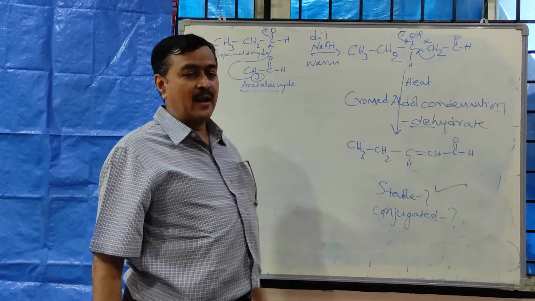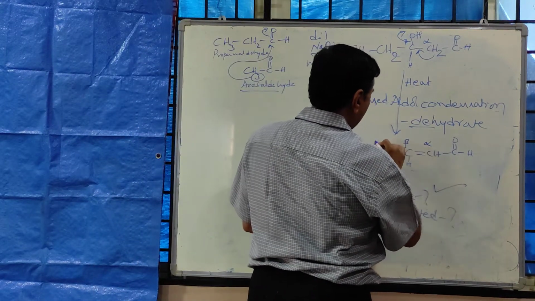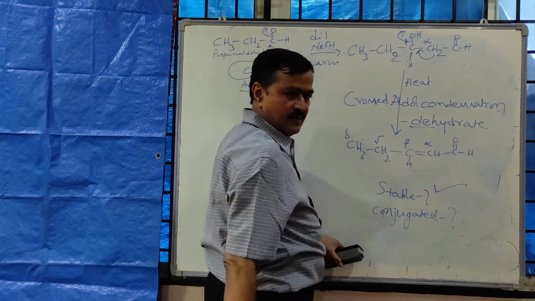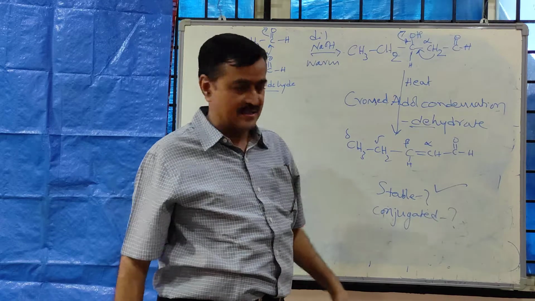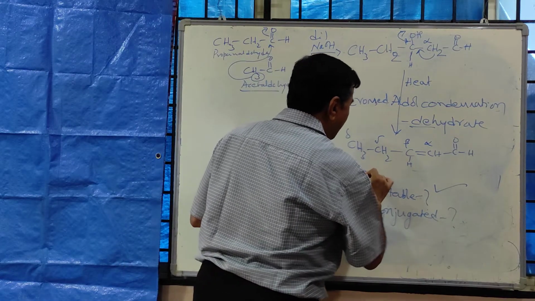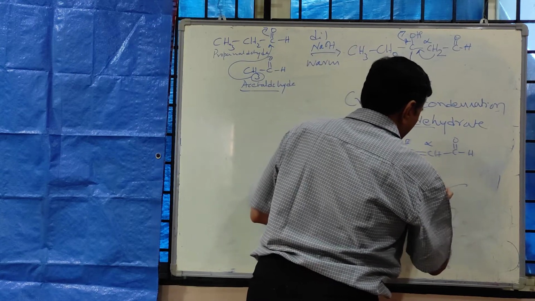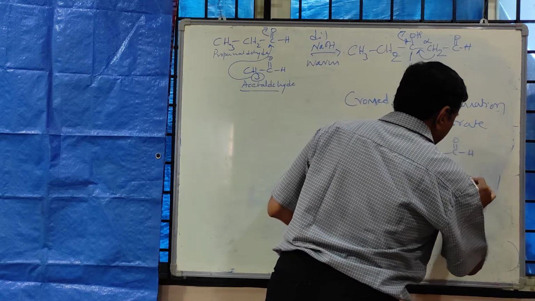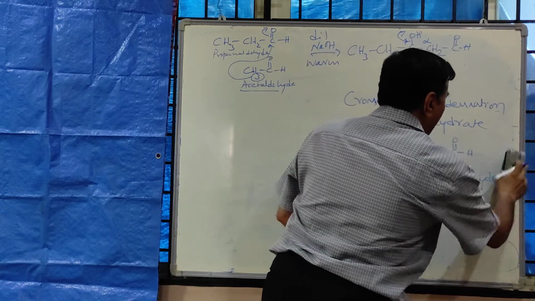So I will continue the same nomenclature: alpha, beta, gamma, delta. Now between alpha and beta, a C=C double bond is there. Hence it is called alpha, beta unsaturated aldehyde.